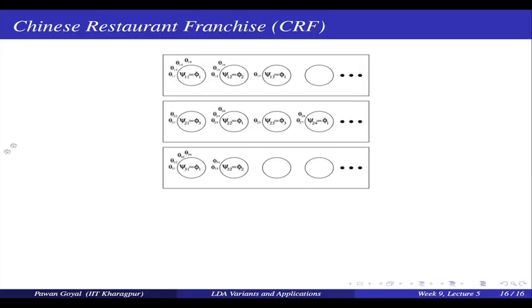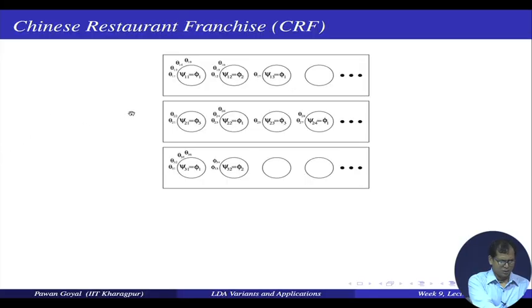Similarly here, theta 2 1, 2 2 sit here, and 2 3, 2 4, 2 6 sit here. Now, similar to LDA, when a customer chooses a dish, it will see what the other customers have chosen. That's where the coupling happens, so that words will be assigned similar sorts of topics across the different restaurants.